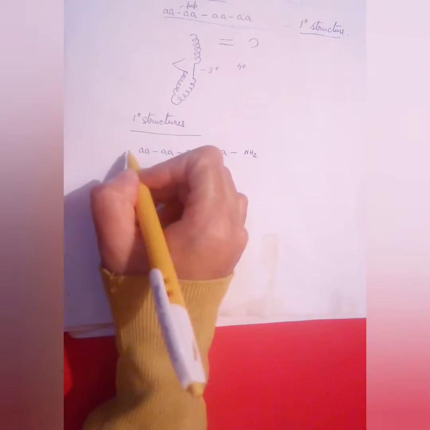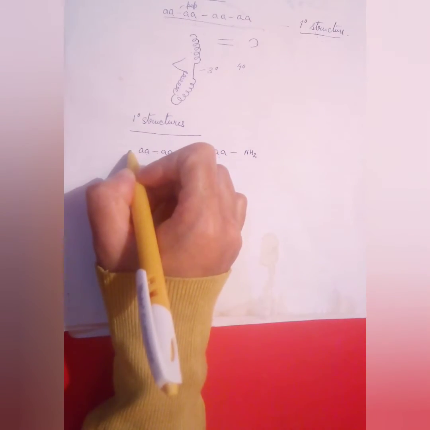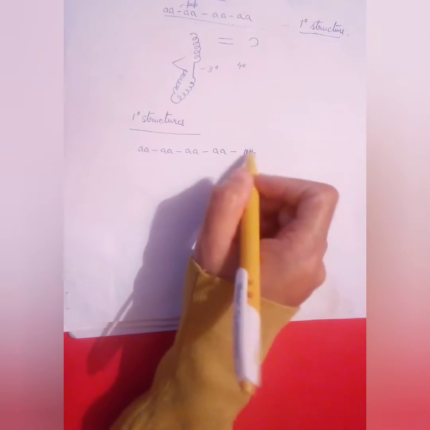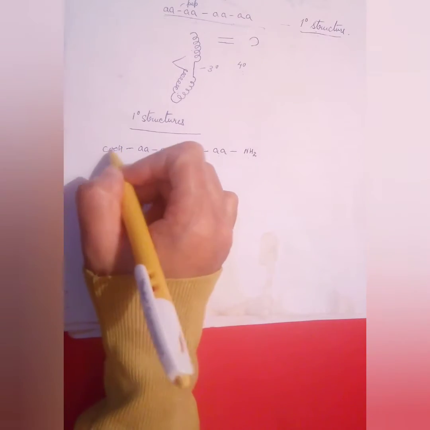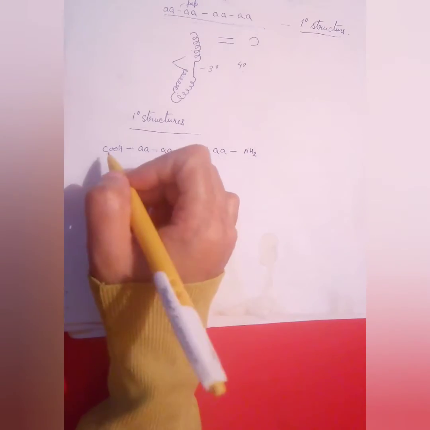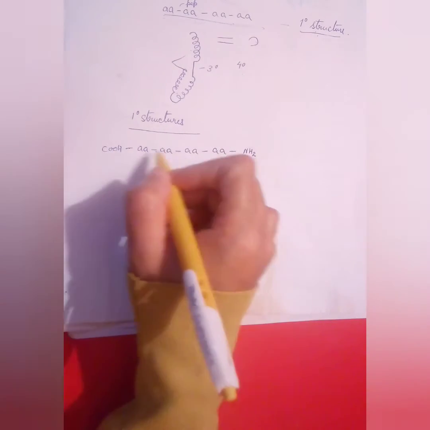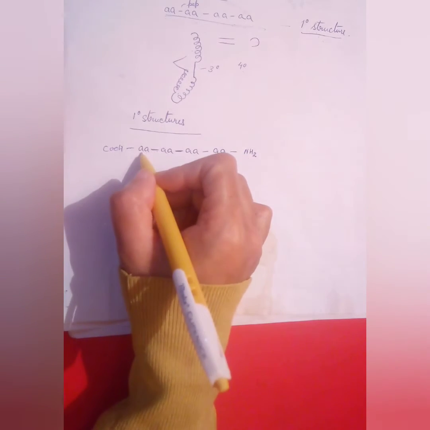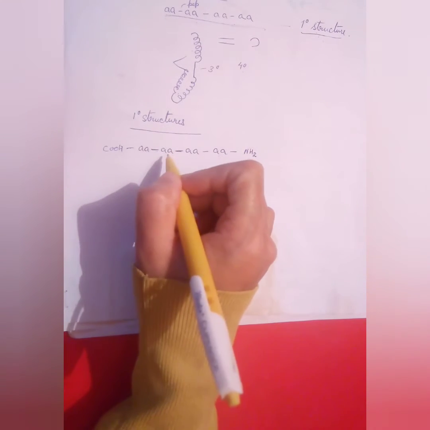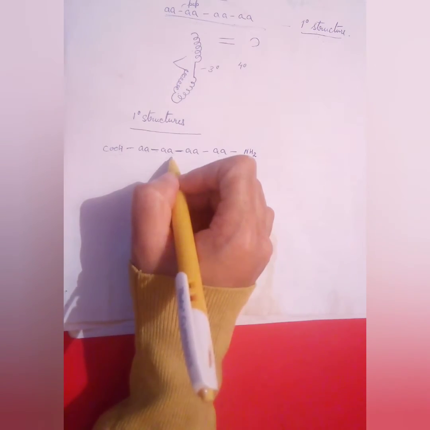At one end the amino group will be free, and at the other end the carboxylic group, the COOH group, will be free. In between, these peptide bonds are formed between the carboxylic group of one amino acid and the amino group of the next amino acid. But for the first and the last amino acid, the amino group and the carboxylic group will be free.